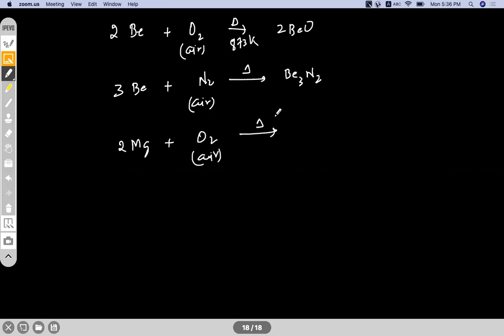When we heat this, it converts into 2MgO. 3Mg plus N2 gives Mg3N2. Done.